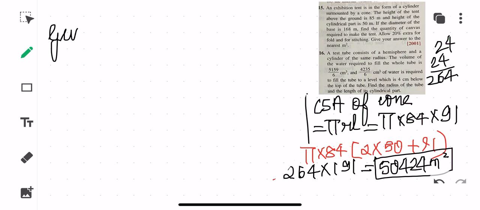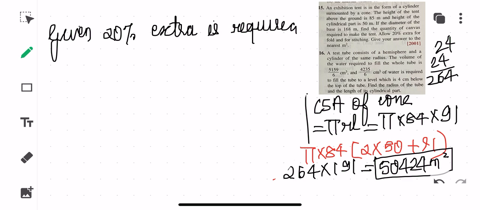Okay, so what you will be writing? Given 20% extra is required for folding and stitching.